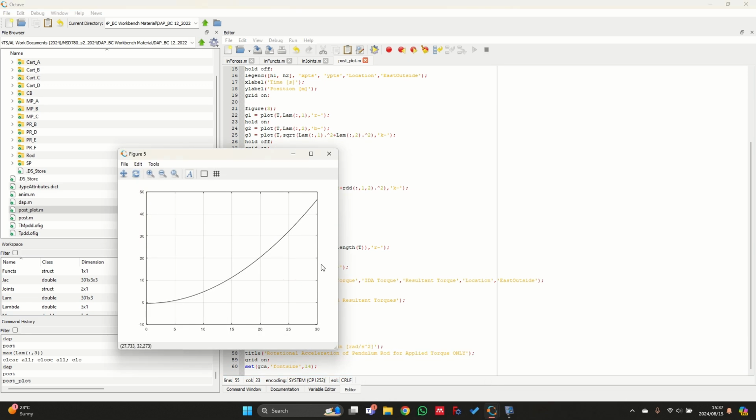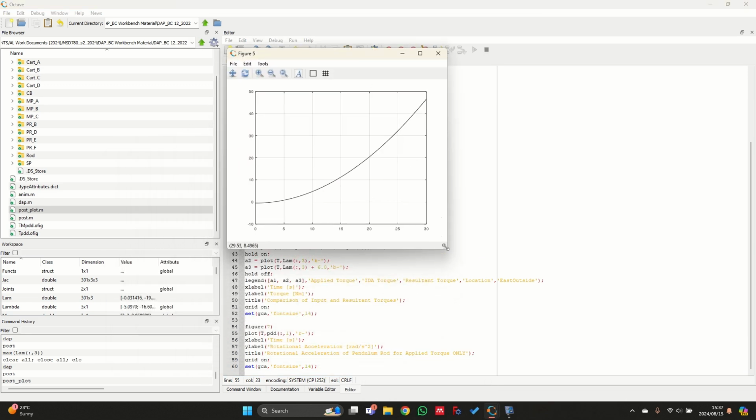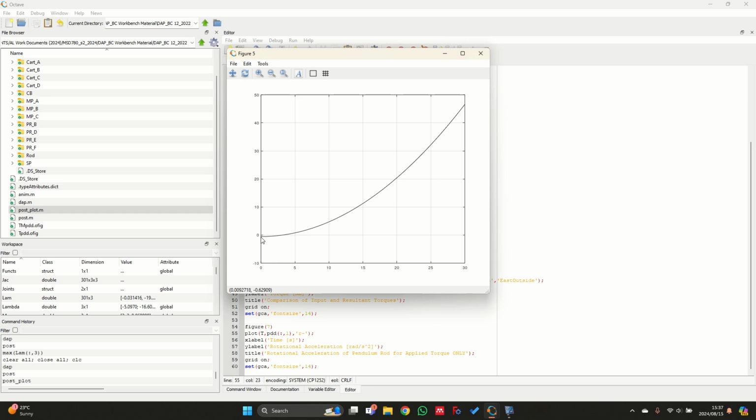Then if we look at figure 5, this is simply the rotation angle. We can see that it starts over here just below 0, so this is minus pi over 6 if you go and check this value at the bottom, and it then goes up to about 46.51 degrees.